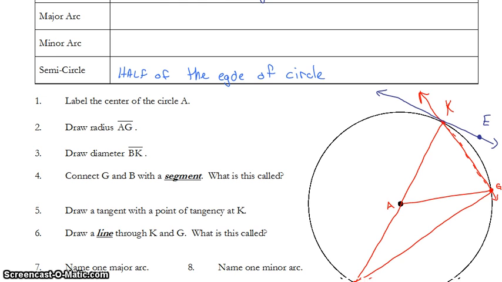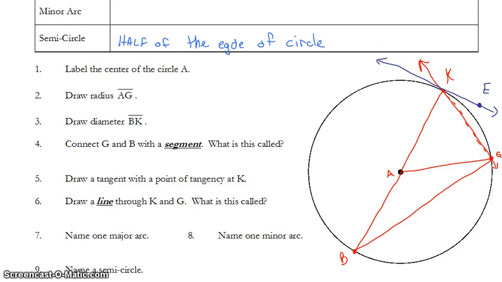Example, if I look down here and I try to pull up a highlighter, if I start here at K, I know this is exactly half of my circle down to B, because that's cut by a diameter. Now, if I want to name that arc, look at how I'm going to write this.